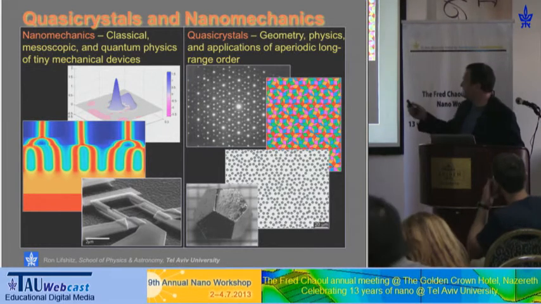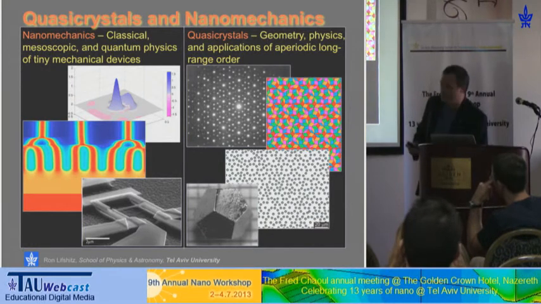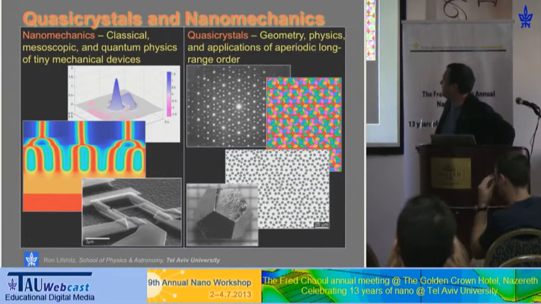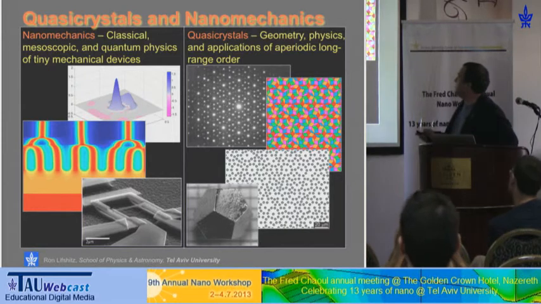Before I start, Yuval asked us to prepare overview slides of the research in our groups. So just in 10 seconds to let you know that in my group we conduct 2 separate research programs. One is on quasicrystals and the other is on nanomechanics.